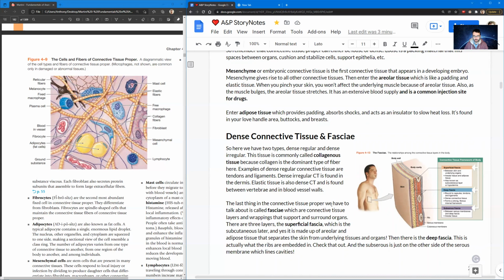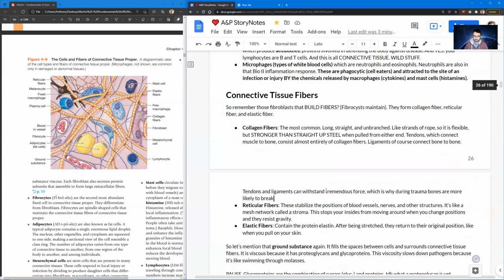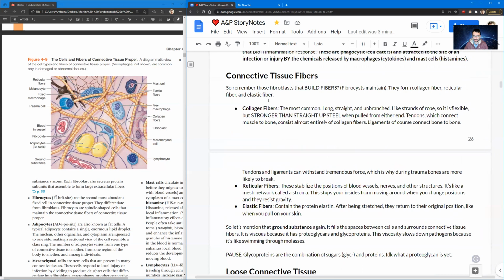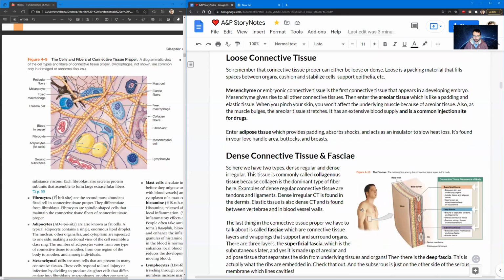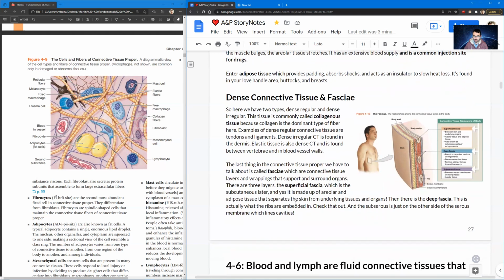All right, elastic tissue is also dense connective tissue and is found between vertebrae and in blood vessel walls. So a lot going on there. So it's these collagen fibers, these connective tissue fibers that are found in this subtype of connective tissue proper, dense connective tissue. So a lot of layers here.